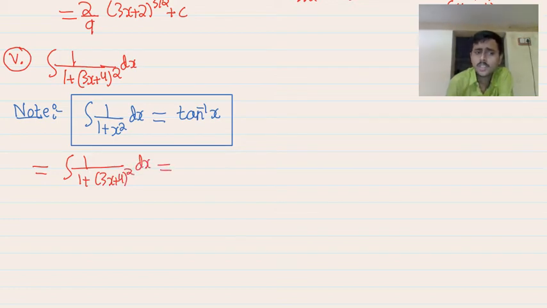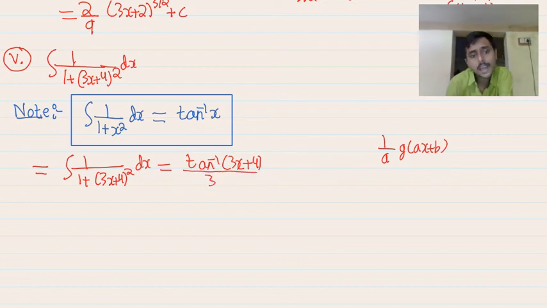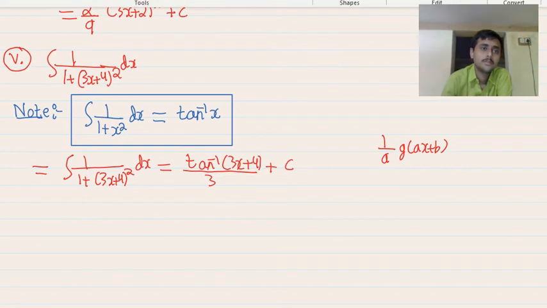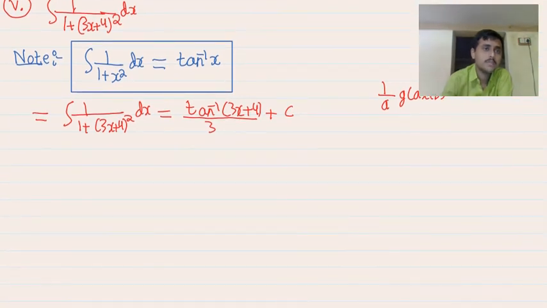So this is tan inverse of (3x plus 4). However, we must remember that we have to write 1 by a times g of ax plus b. So we will have to divide this by 3, and after the integral sign is over, we will write plus c. So this is our answer. Let's proceed to the next question.